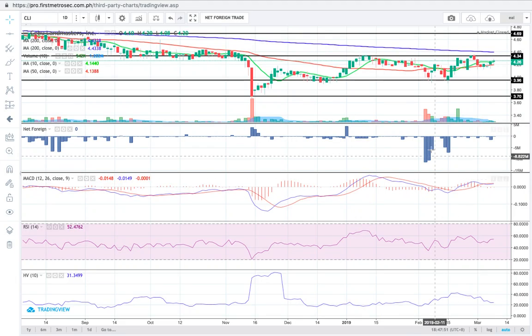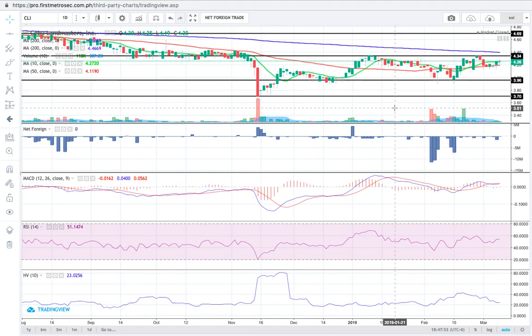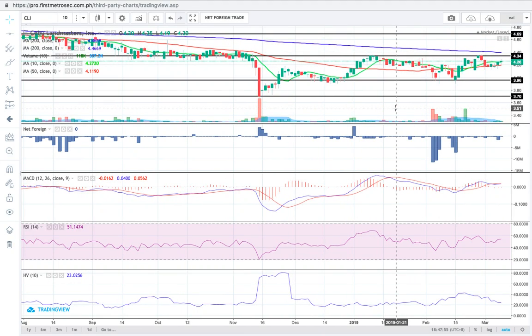Okay? If you are into long-term investing on CLI, I would suggest that you check on your buy case. And your buy case is a list of reasons on why you think it's worth it to have CLI in the long run, or for the long haul. And for me, when it comes to long-term investing, my buy case should be strongly based on fundamentals.